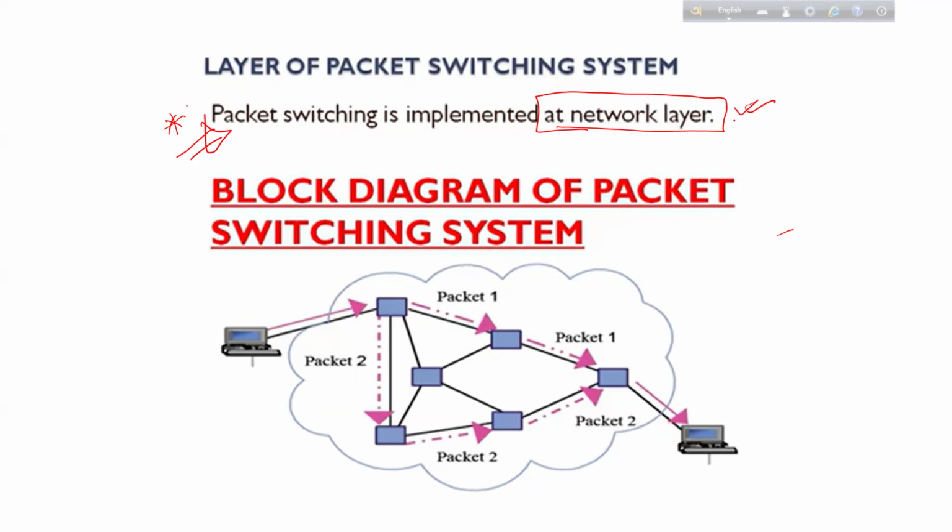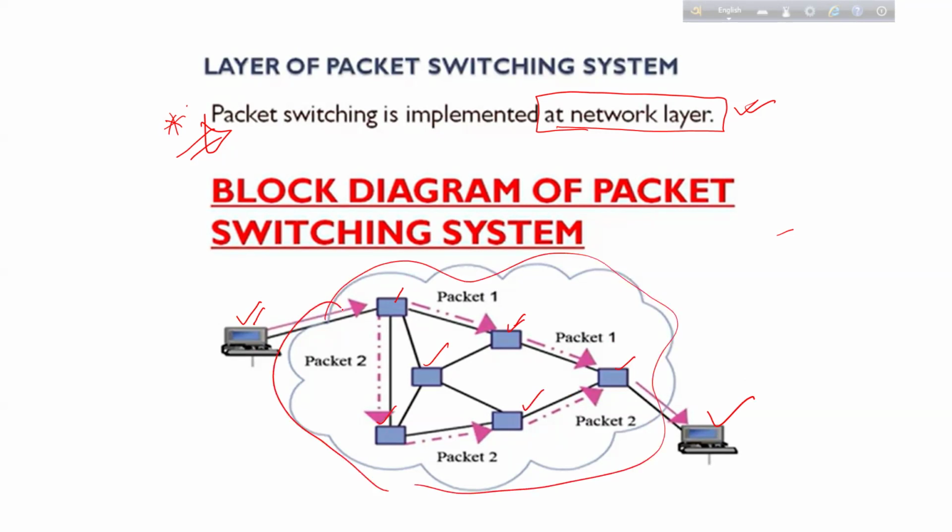Now, the block diagram of packet switching system. Say, for example, there is one user where this is the transmitter or the source and this is the destination. Between these two devices, I have different number of routers, different number of switches. So this is the whole switching system.